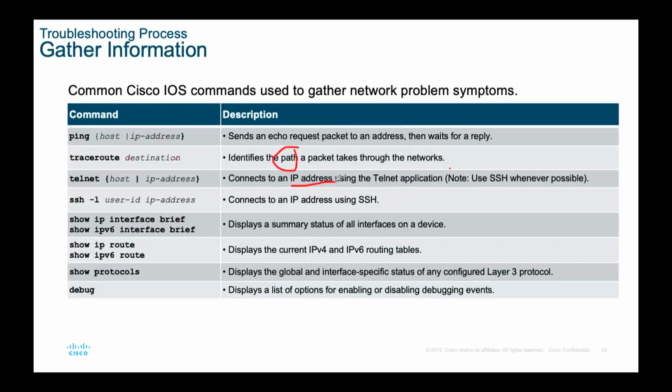The rest, like these, are more about getting information: show IP interface, show IPv6 interface, and show IPv6 route. And debug, the last one, displays a list of options for enabling or disabling debugging events.